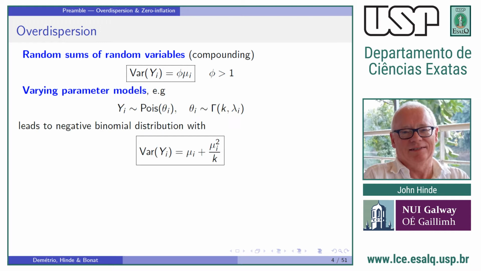One that you've probably all met is that instead of having a Poisson distribution with a fixed mean, you let the mean have some distribution, in particular a gamma distribution. Then you get a negative binomial distribution, and its variance is not some multiple of mu, it's mu plus mu squared divided by this index parameter. So you can get that just by having a second level of variability. The means vary as well as the counts.